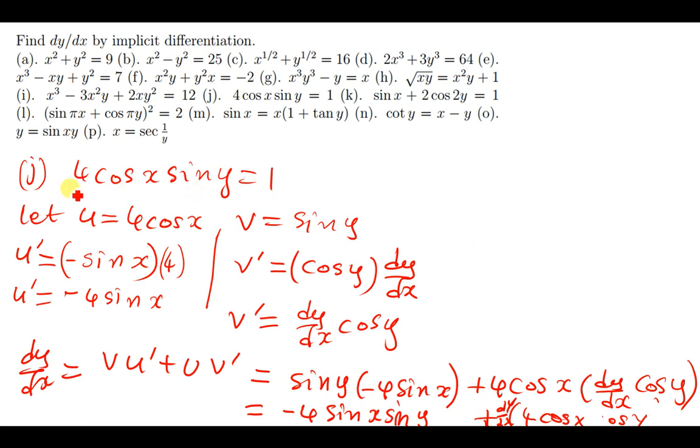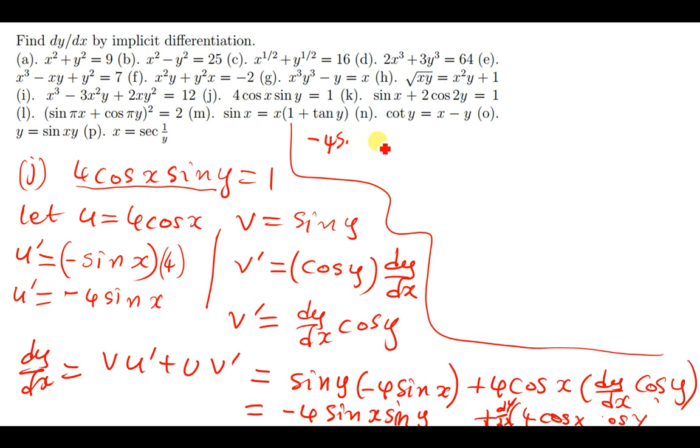The derivative of this whole part here is simply going to be this expression that we have there, which is negative 4 sine x sine y, then plus dy dx, then we have 4 in brackets, cos x cos y.